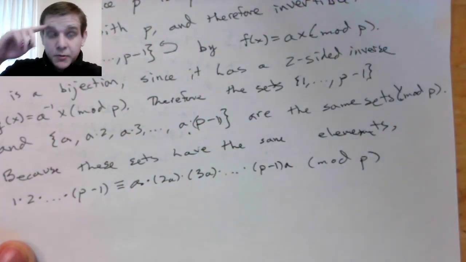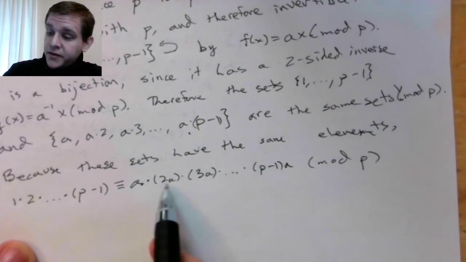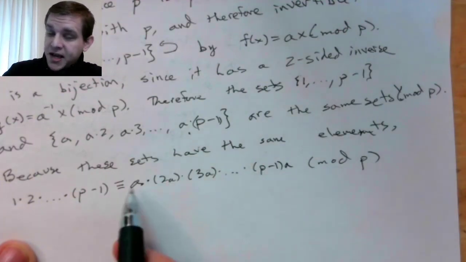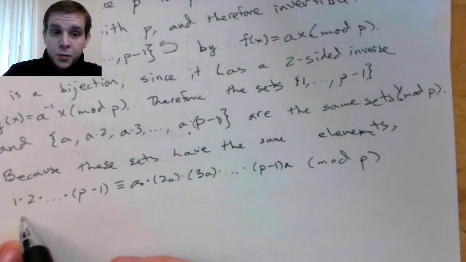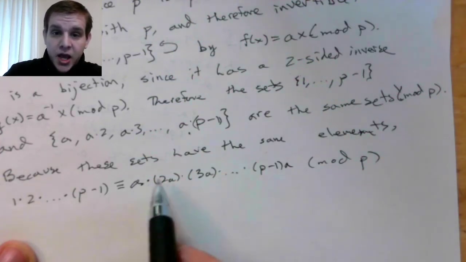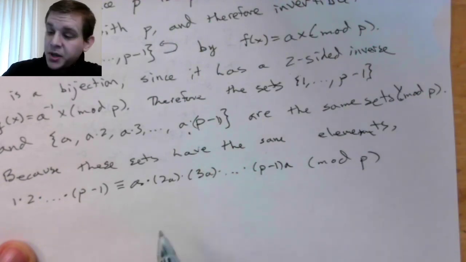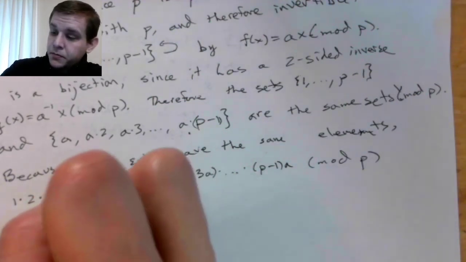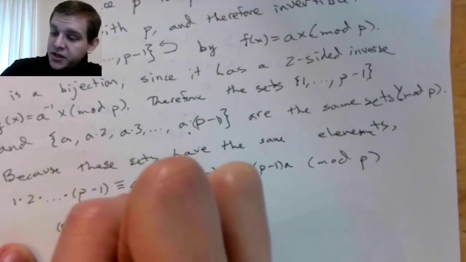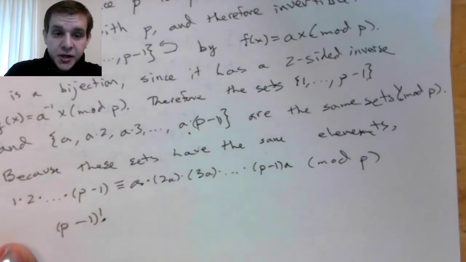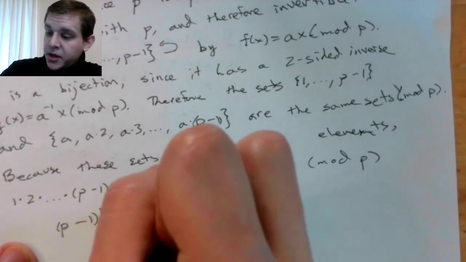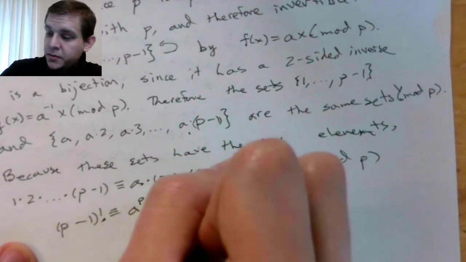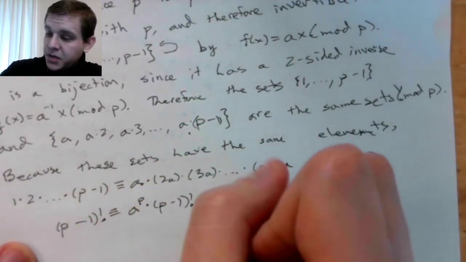And now maybe you see what we're going to do. I'm going to group all of the a's together, pulling all the a's to the left-hand side. And how many of them are there? Well, I've multiplied from 1 up to p minus 1, so a appears in this equation p minus 1 times. So I'm going to write this with the more commonly used shorthand: p minus 1 factorial is congruent to a to the p minus 1 times p minus 1 factorial mod p.